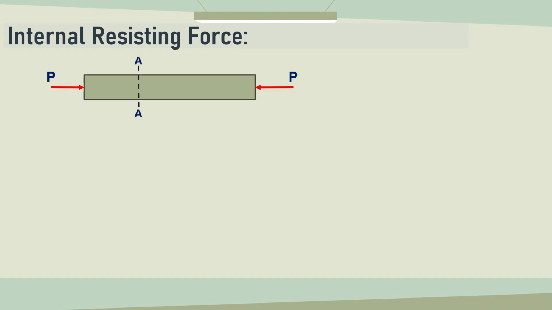Let us consider the free body diagram of the rod, which has two push forces at the ends. How does this compression load react on the rod? To resist the deformation, the material develops an internal resisting force within its cross-section. But how will this happen? Let us take the cross-sectional area A. First, consider the left side sectional area, where the resisting force is acting on the body opposite to the applied load to resist the material from being away from its stability.